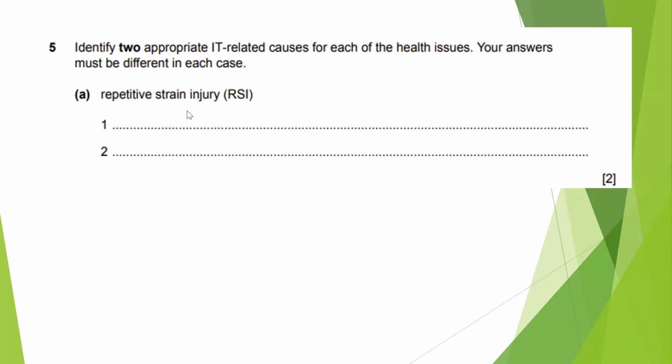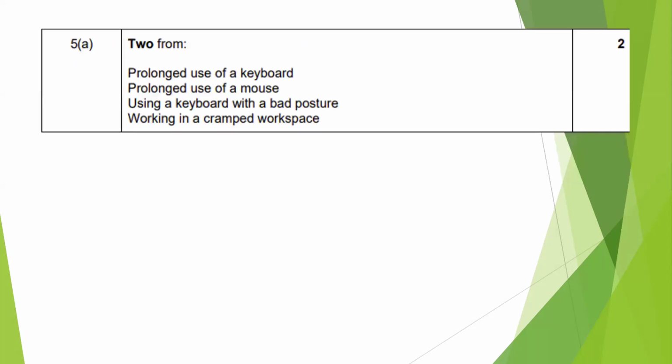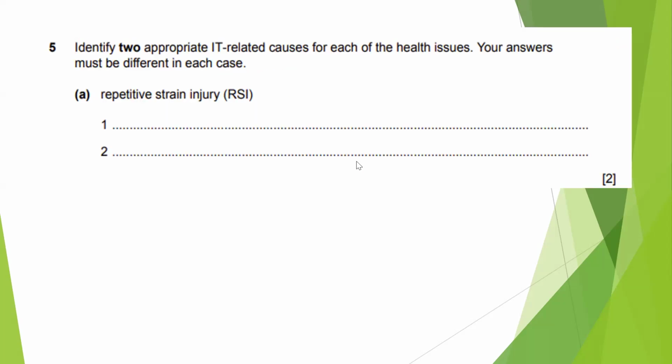So related to typing, kind of headache can be backache, like prolonged use of keyboard. So it says why it is RSI, causes of RSI. You have to focus on that.